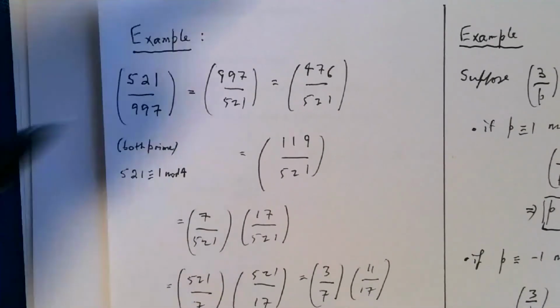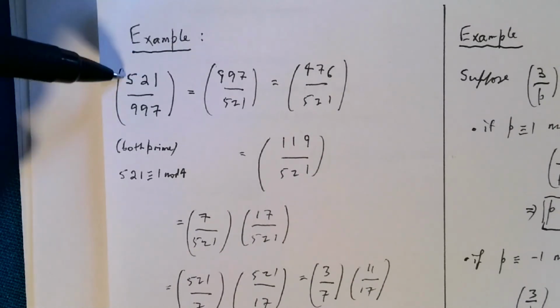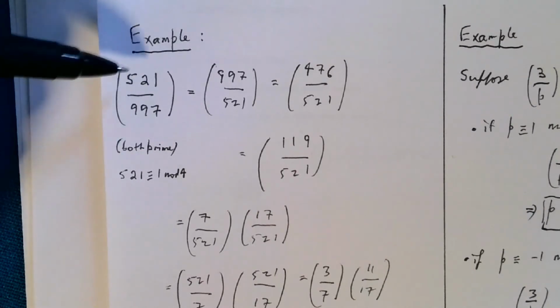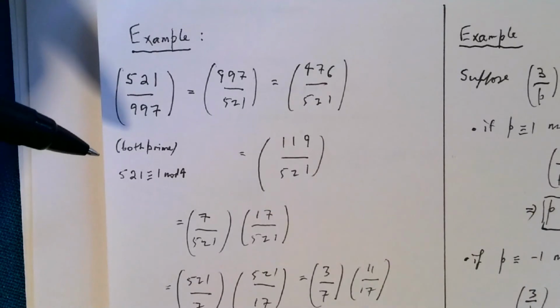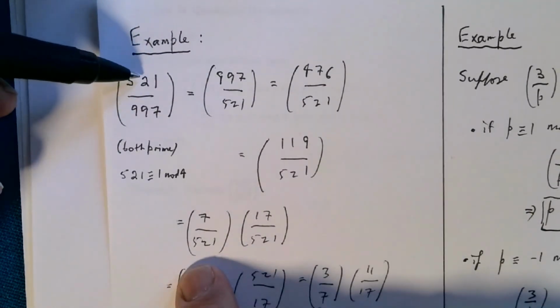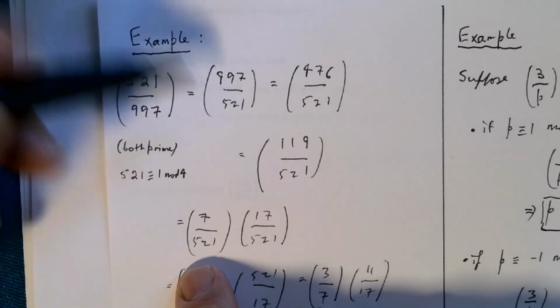So there's our Legendre symbol, and 521 you can see is a 1 mod 4 prime. I see that pretty quickly, because if you subtract 1, the last two digits are 20, which is divisible by 4. So that one is a 1 mod 4 prime, and so I can flip the symbols around.